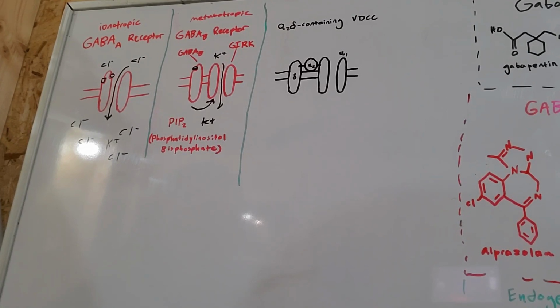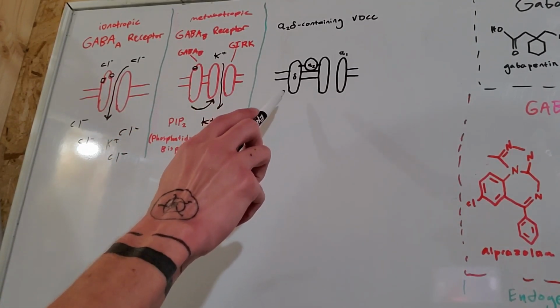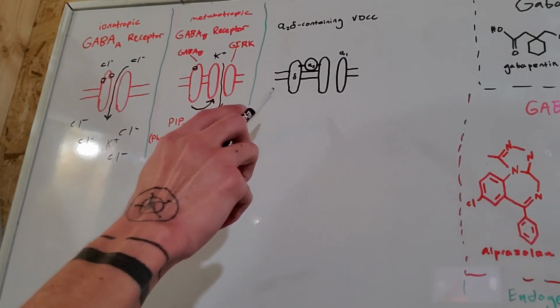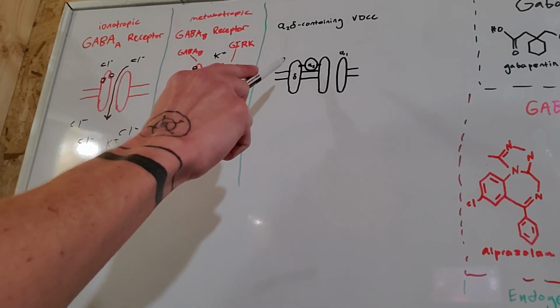So they're voltage dependent in that sense, that they are conditional, and then they help facilitate the propagation of the action potential, kind of similar to an NMDA receptor. However, certain VDCCs contain what's called an alpha-2 delta subunit. Not all of them, but some do. And this is the target of the gabapentinoids.